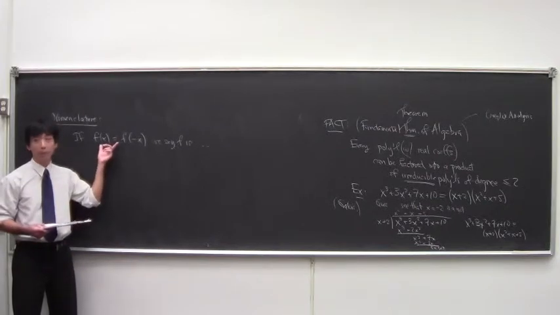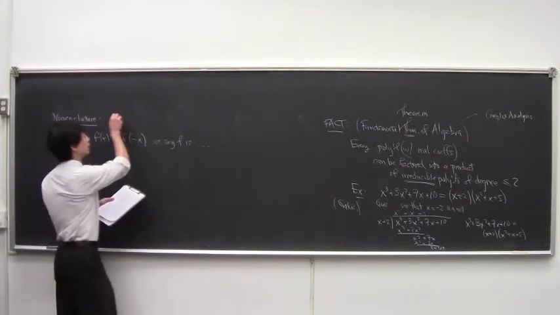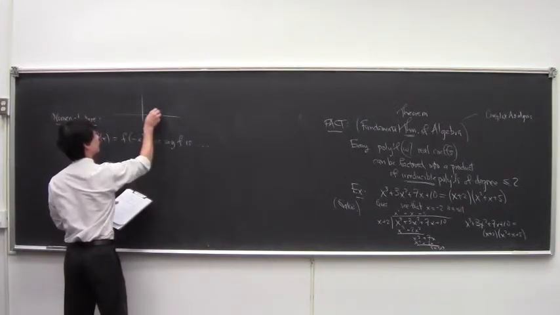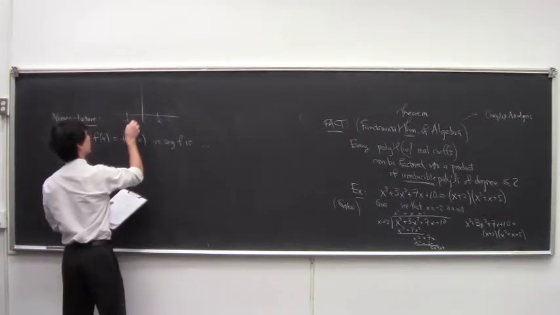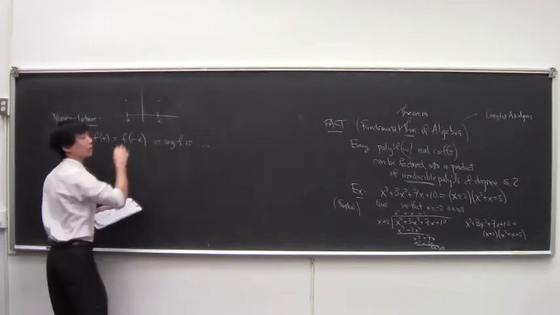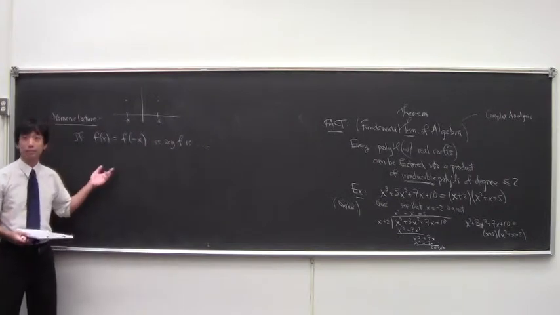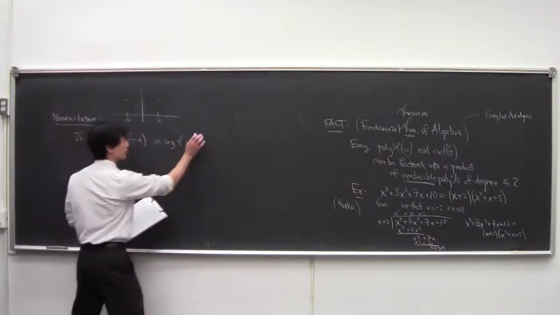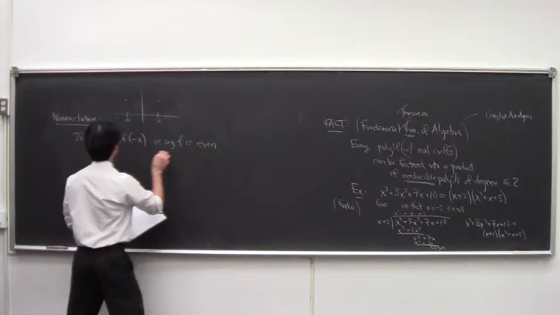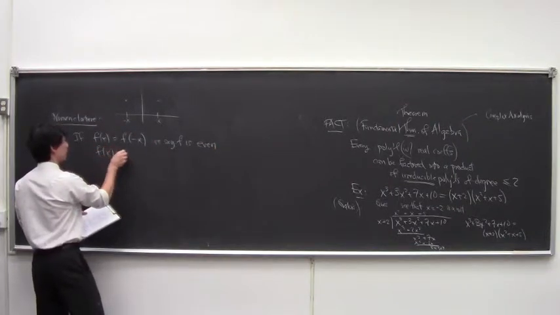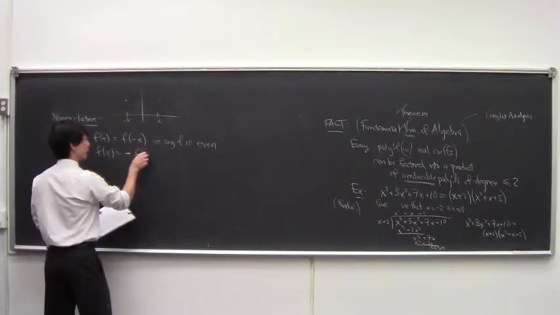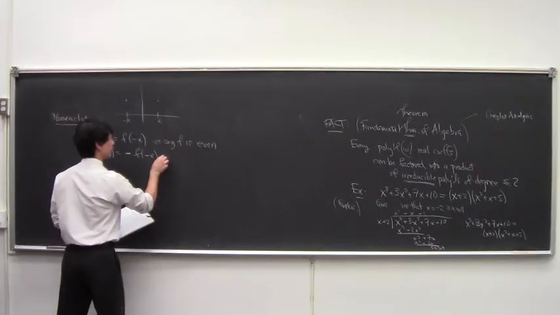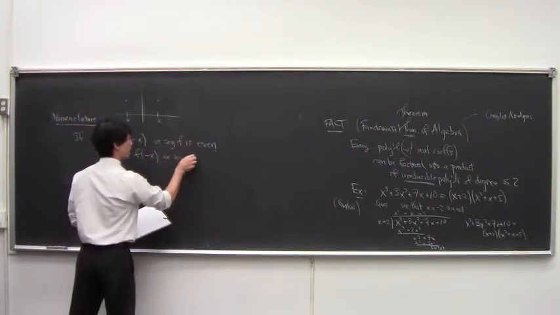If f has this nice property that whenever you evaluate it at some point x, and you evaluate it at negative x, they have the same values, then you call this function even. So f is even. If f of x equals negative f of negative x, we say f is, of course, odd.